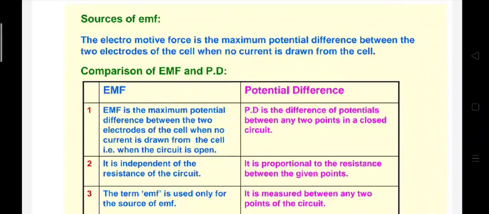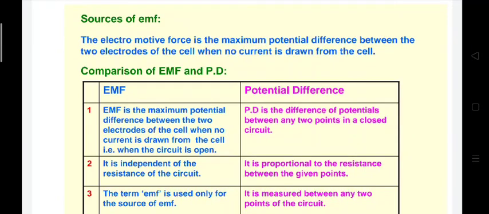Thus, a cell converts chemical energy into electrical energy. So, a cell is a source of electrical energy. The first point that we have to discuss in a cell is electromotive force.